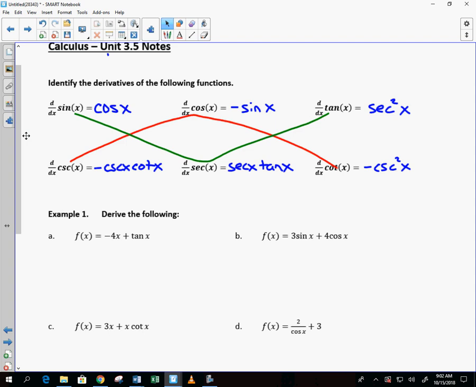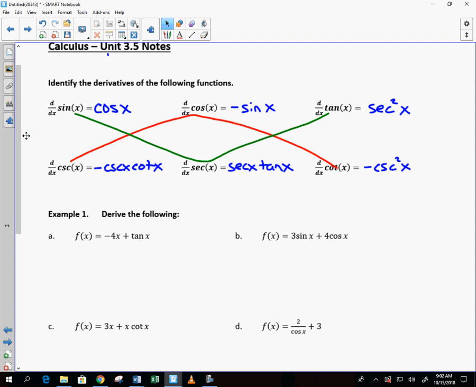Whenever I memorize these, I never memorize all 6 of them. I just memorize sine is cosine. That's easy. I memorize tangent is secant squared, and then secant is secant tangent. Once I know those, I can figure out the others. If the derivative of sine is cosine, then the derivative of cosine is going to be negative sine.